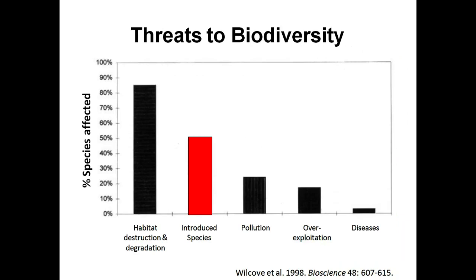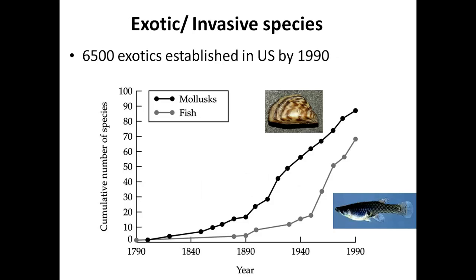You may remember this paper, right? Wilcove et al. identified introduced species as the second greatest cause to imperil species in the United States. And this graph shows the rate of the introduction of mollusks and fish.